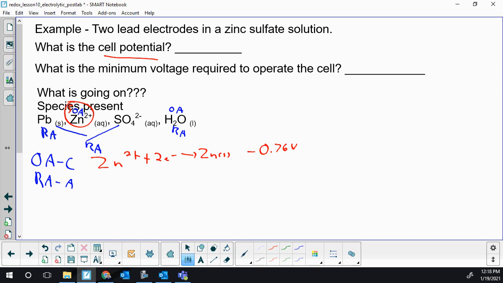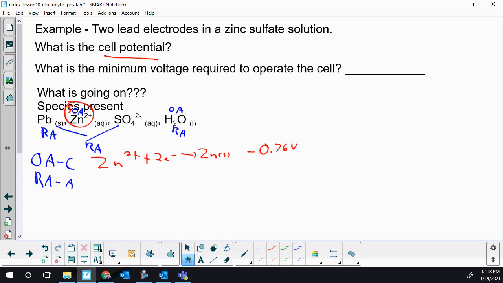My strongest reducing agent, the one that's going to react at the anode, I've got to look at water and sulfate and lead. And if I start at the bottom and see which one I hit first, I hit the lead and sulfate first. I hit that before I get to the lead and way before I get to the water.